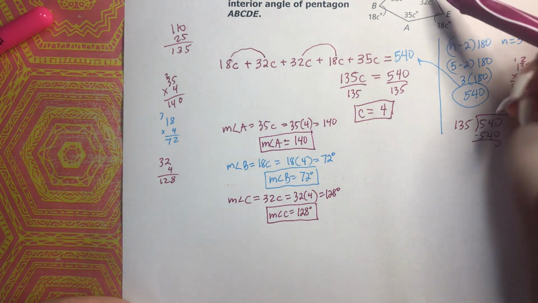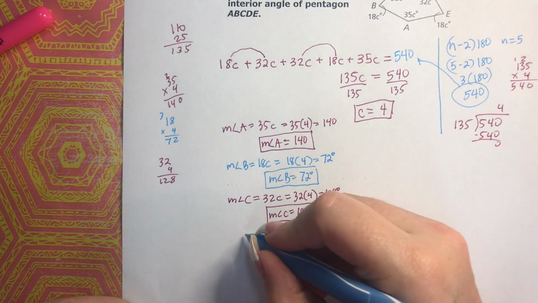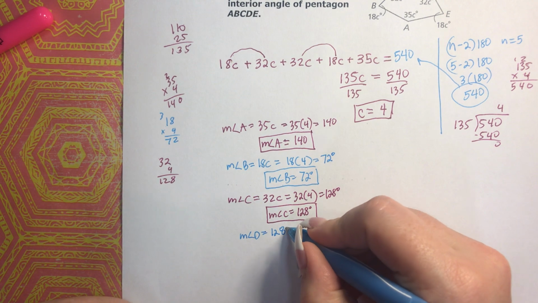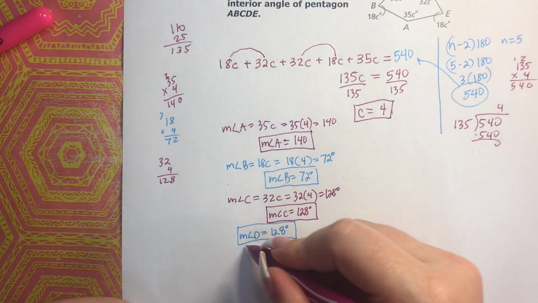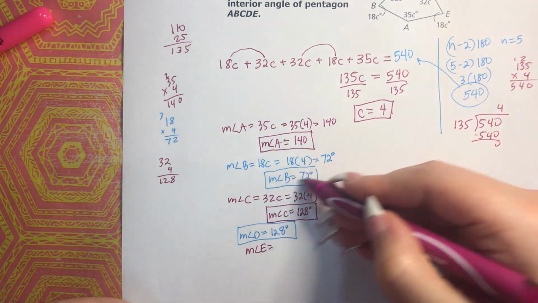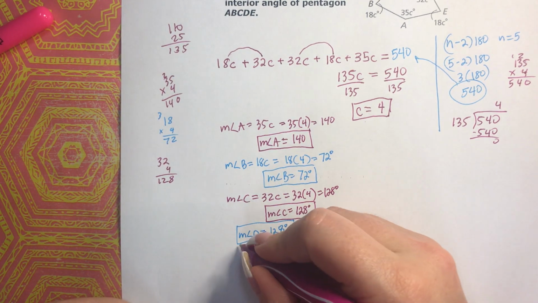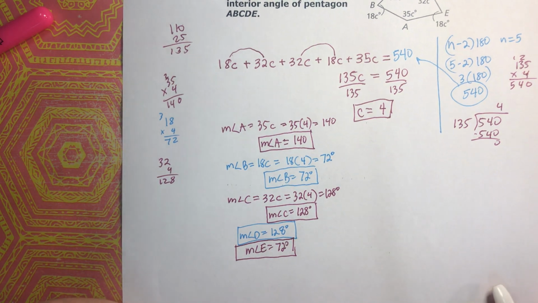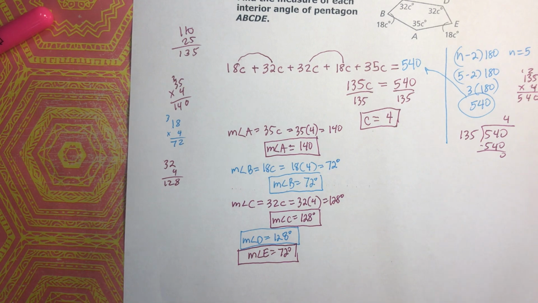And then D is going to be the same. Wait, whoops. So the measure of angle D is equal to 128 degrees. And then the measure of angle E is going to equal 18C, which is 72 degrees. And there we have it for 3C. So that's each individual angle, okay? That's how you find those.